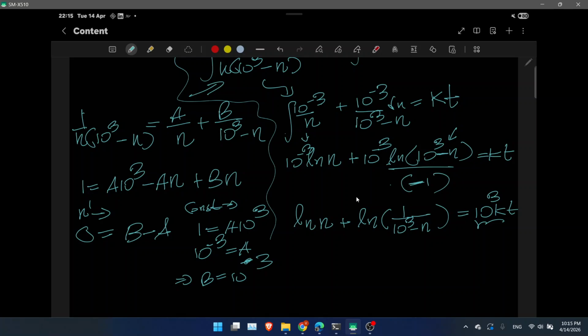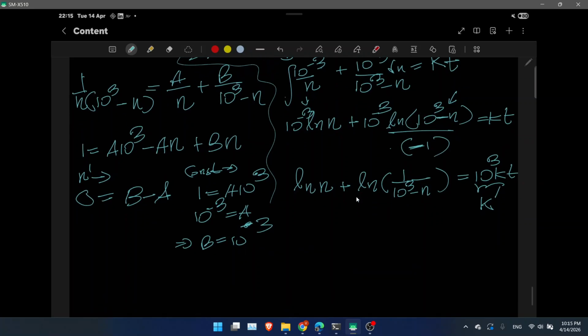These all are constants, so I will place a new constant, putting these two terms together, and I can further simplify these two terms. It is like ln of n over (10 to the power 3 minus n) is equal to k dash t plus a constant. That is our final equation, and there is a constant here.